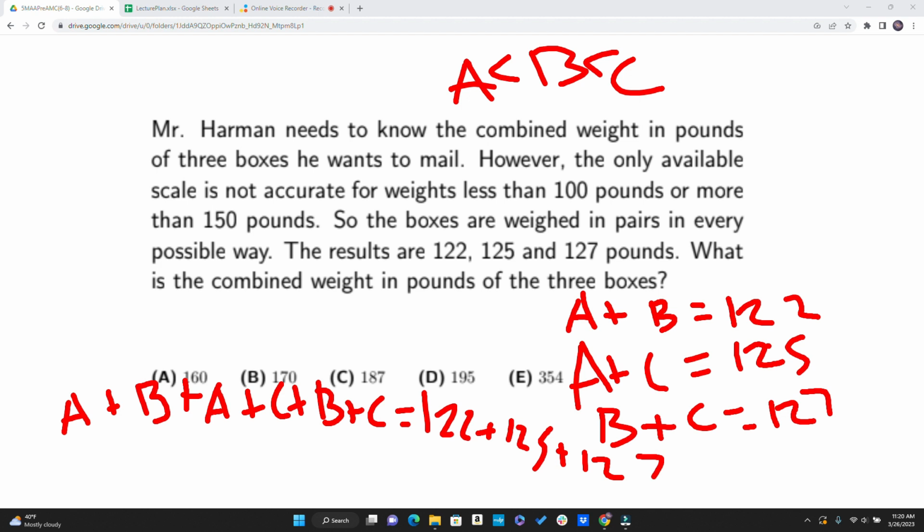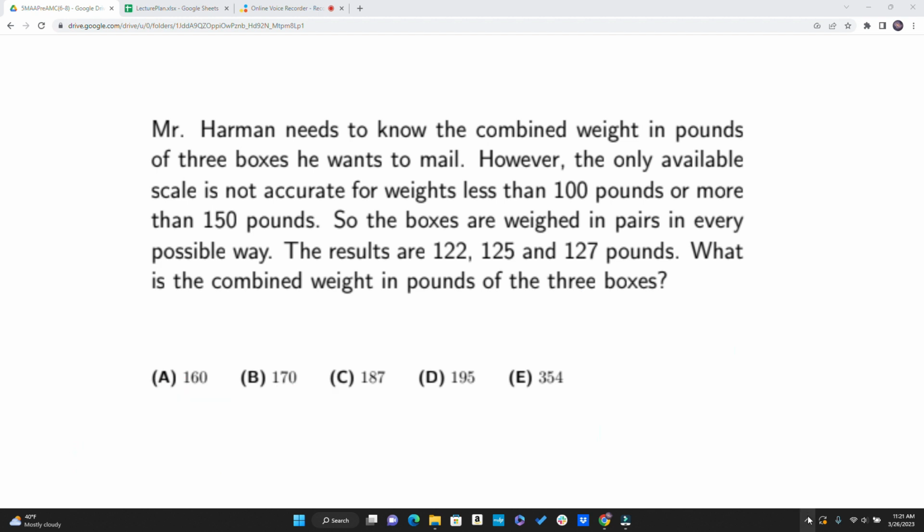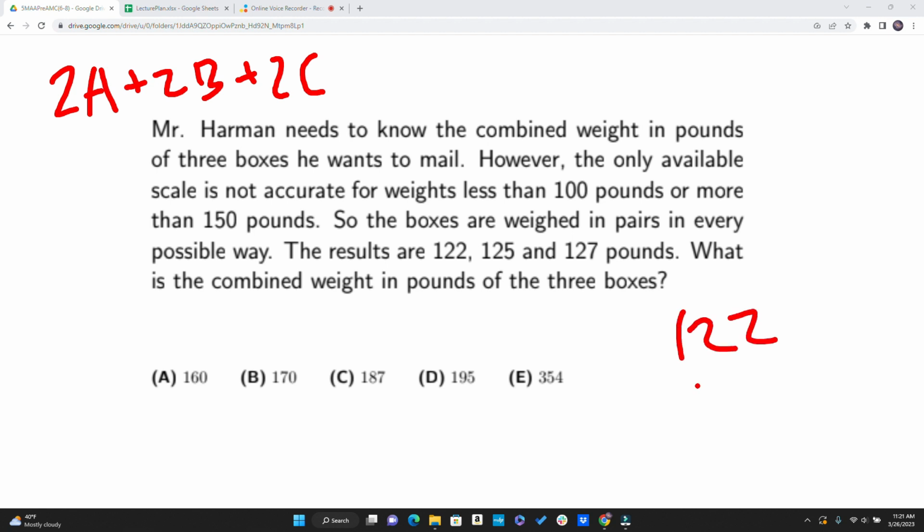Well, remember we have two A's and two B's and two C's. And then we were adding 122 plus 125 plus 127. That adds up to 374.